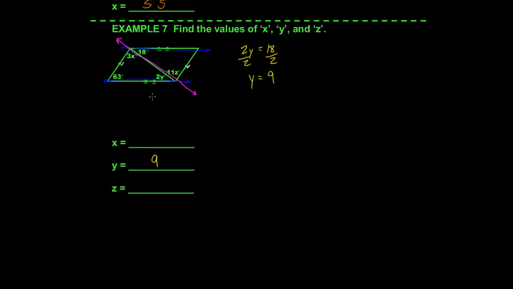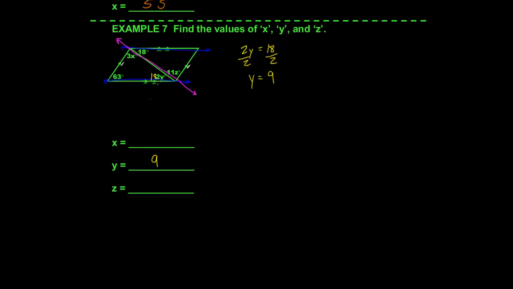Now, what else can we look at? If y is equal to 9, we know that this here is 18. What else have we formed? We have formed a couple of different things that we can use to solve here. We have a triangle. What do we know about a triangle? We know that all the interior angles of a triangle, you should have known this, add up to 180.